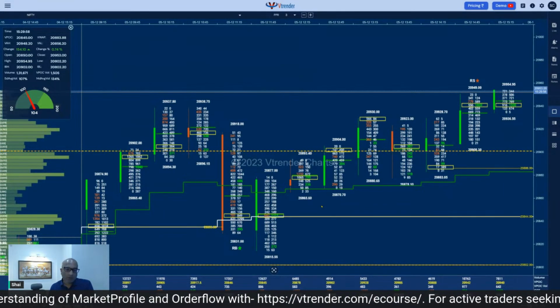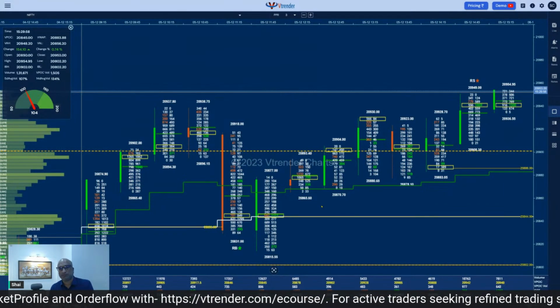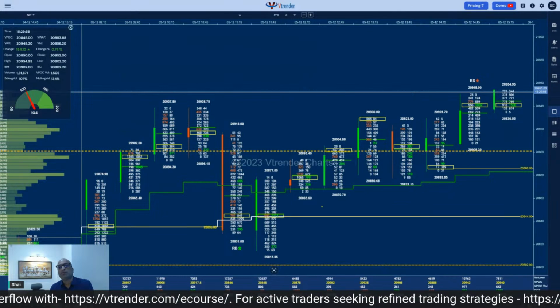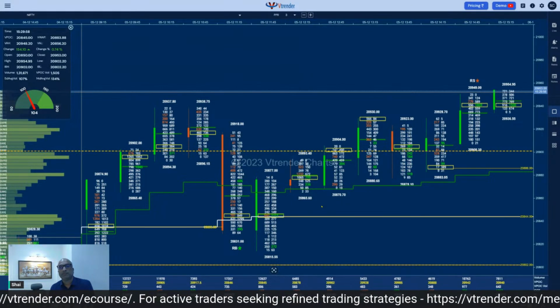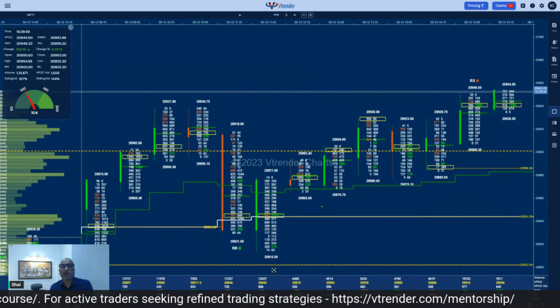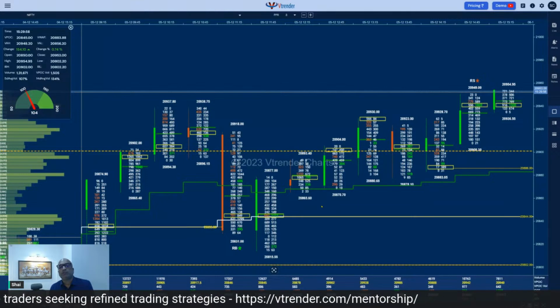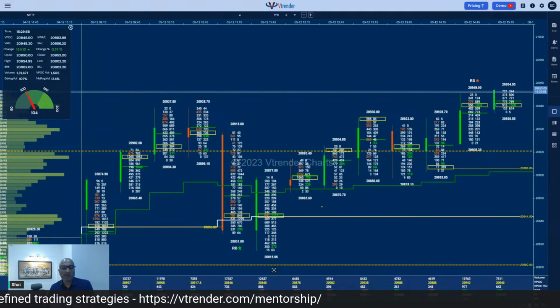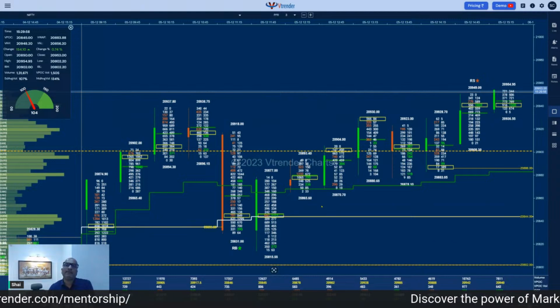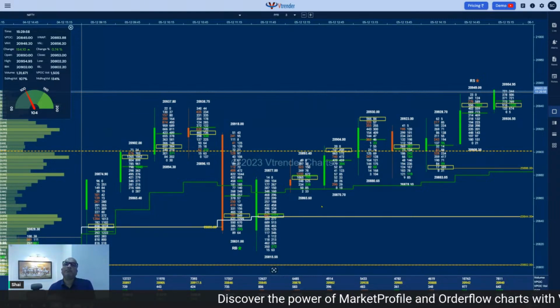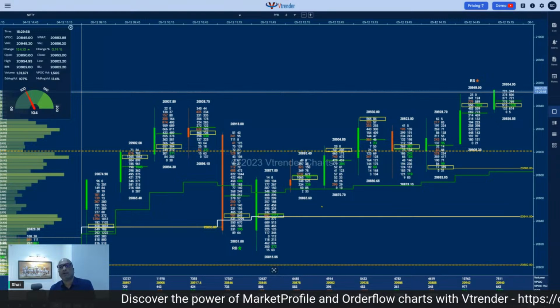Now, the thing to understand over here is the market order helps move price faster, right? Let me repeat that. The market order helps move price faster. Now, why do I say that? Because the market order adds momentum to the existing demand and supply already there, and it helps move price further away.